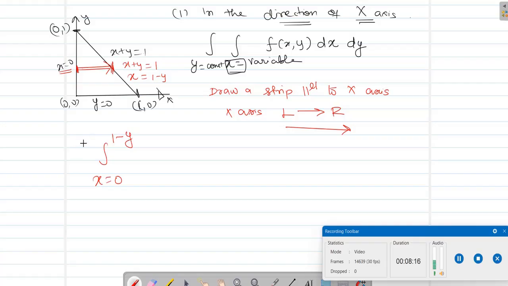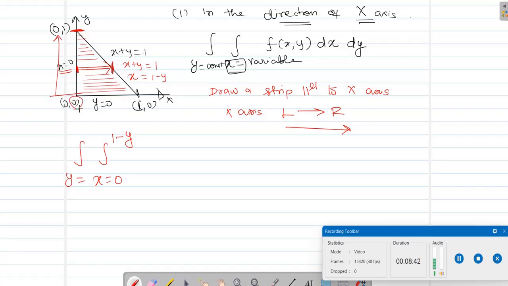Next, we will have the integration for your y limit. Where will my y limit vary between? Now, the concept is drawing lines parallel to your x-axis, and so you get the region filled. The maximum value you can move in the direction of y will be, this is your lowermost region, this is your uppermost region.